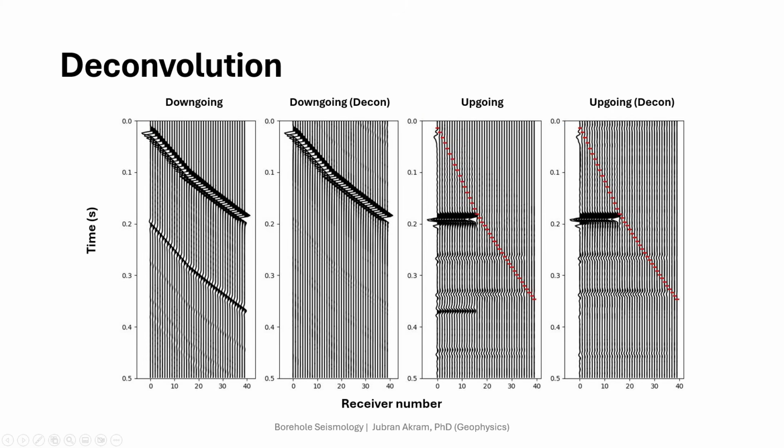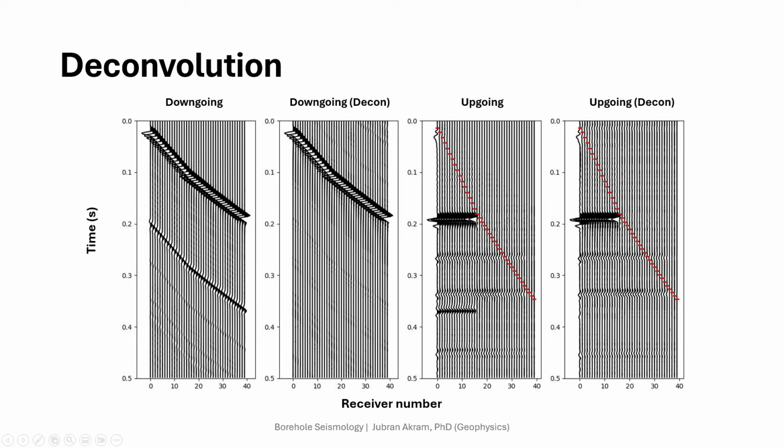The next step is to remove or suppress any multiple energy present in the data. For that, we'll be using predictive deconvolution. These are the results here. Downgoing wave field, first panel from the left, and then we see the deconvolved downgoing wave field where we don't see the multiple energy.